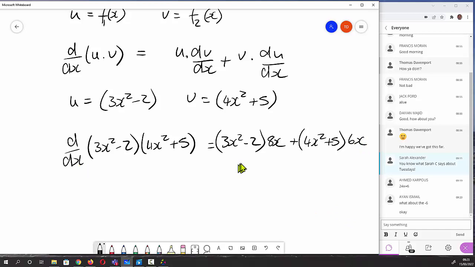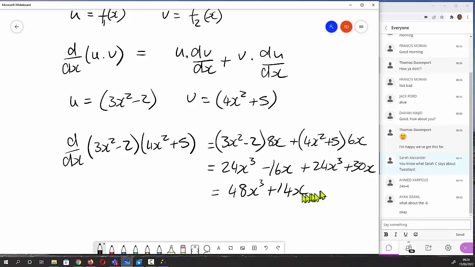So I'm now going to tidy that up a little bit, and I'm going to get 24x cubed minus 16x plus 24x cubed plus 30x, which is going to equal 48x cubed plus 14x. Okay, everybody happy with that?